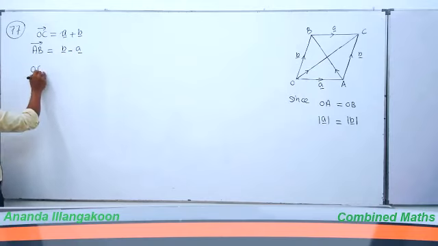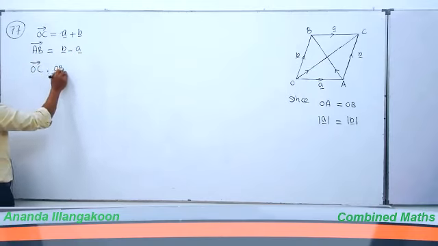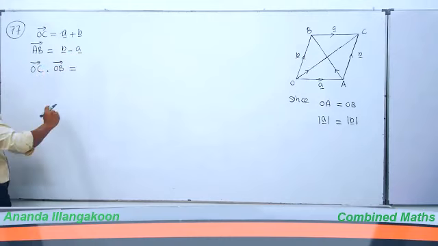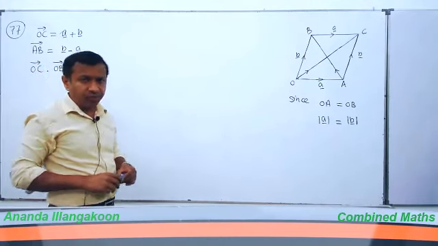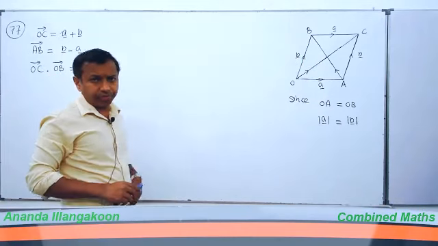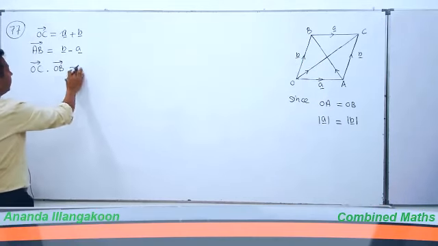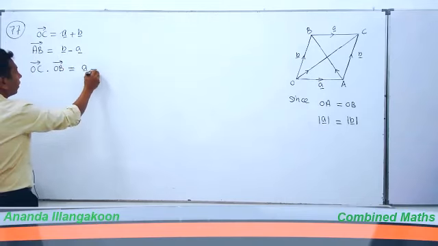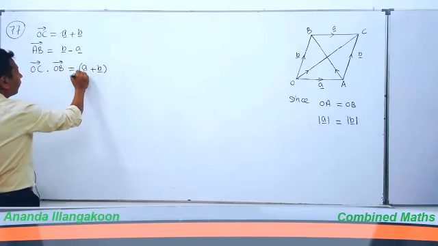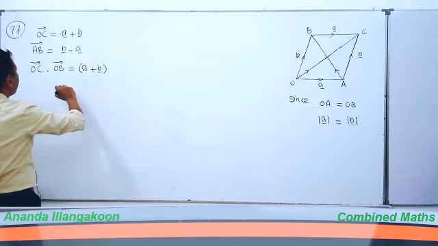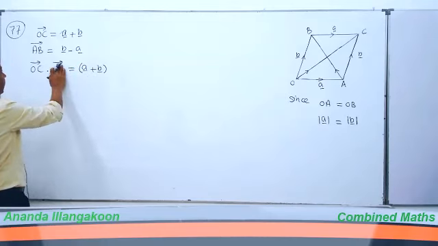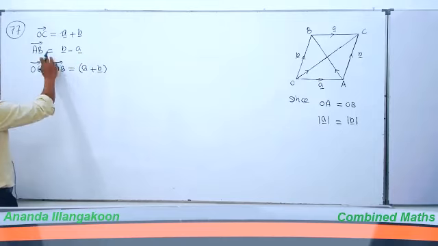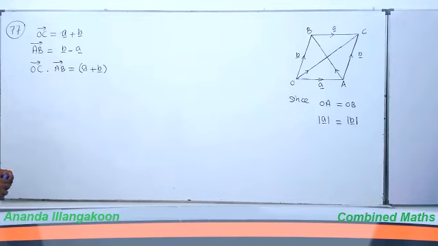Okay. Now what I do is this, people. Wait, OC and AB I take, because I need to prove OC and AB diagonals are perpendicular. Yes, then I take OC vector dot AB vector.